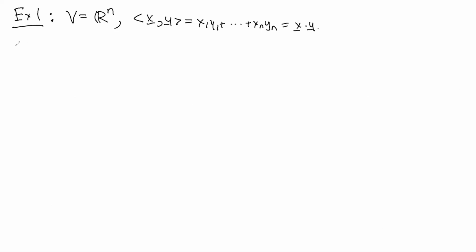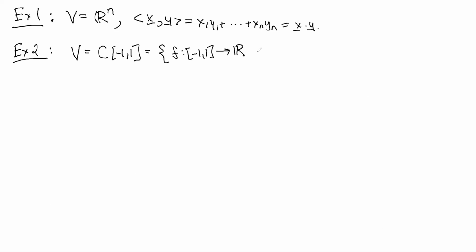So here's another example. Let's take V to be the vector space of continuous functions on the interval -1 to 1. Real valued, continuous. So that's a vector space. You can add those things and multiply them by reals. Now I'm going to define an inner product on this. Maybe this is what people were confused about.